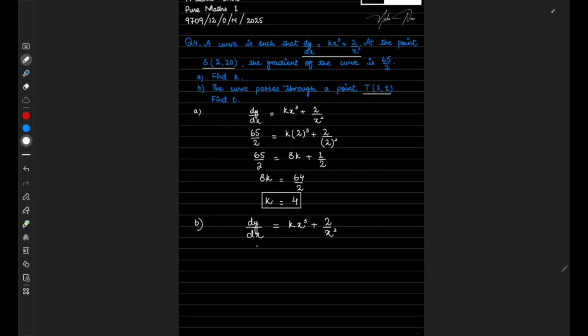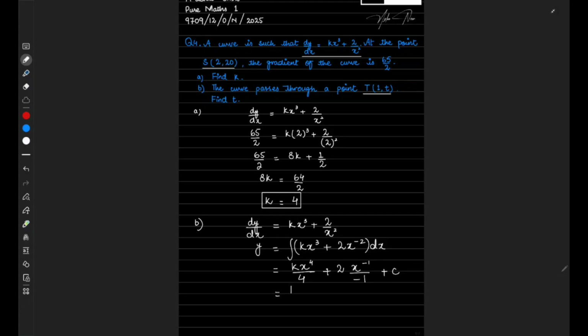So integrating this will give you y equals kx to the power 4 over 4 plus 2 times x to the power minus 2 plus 1, that is minus 1, over minus 1, plus the constant of integration.